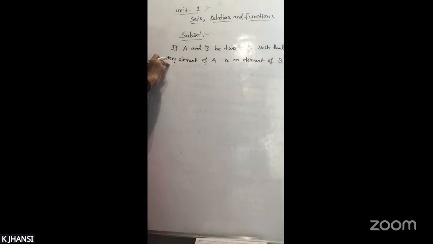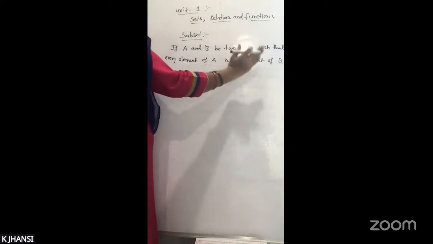So if in set A 4 elements are there, compulsorily those 4 elements should be there in set B.